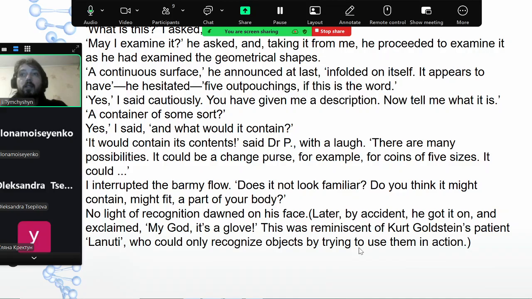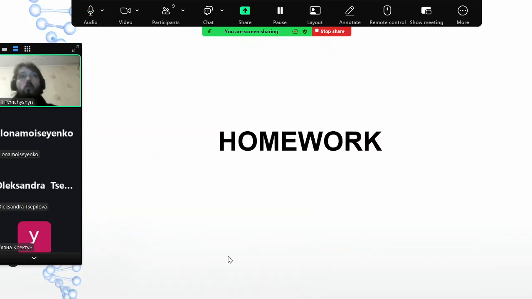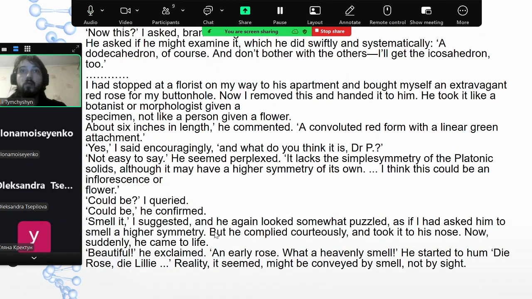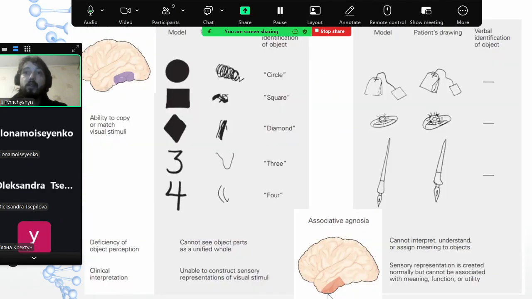This was reminiscent of Kurt Goldstein's patient Lanuti, who could only recognize objects by trying to use them in action. So here you see a really strange case of someone with some damage of probably this area of the brain. Whatever the reason, it leads to the inability to associate different parts and different modes of perception into one coherent object that will be represented in our mind.